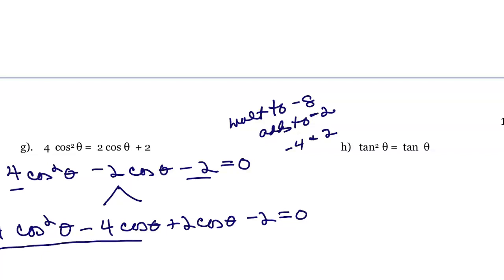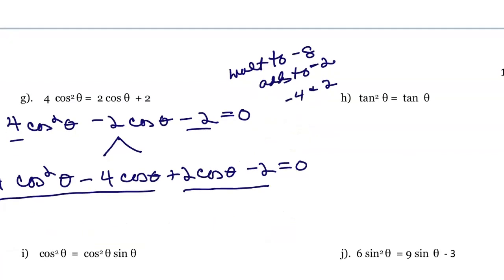Underline your first pair. Give yourself a gap for that operation. Underline your second pair. Look only at the first pair. What do they have in common? They have a 4 cosine theta in common. Get that first two terms back by multiplying by cosine theta minus 1.